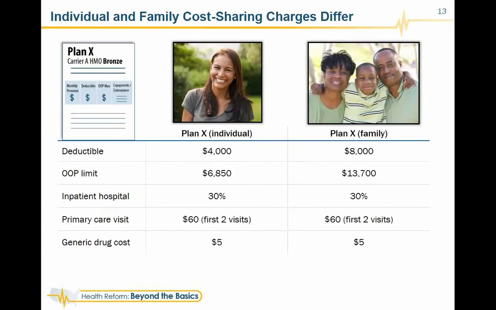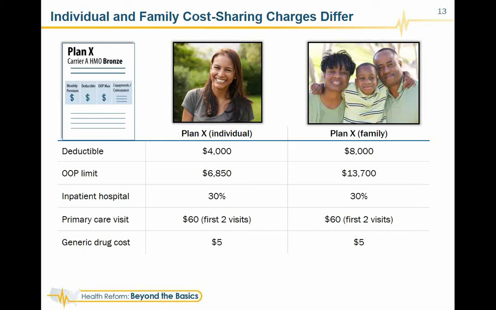And then something to also be aware of is that we've been focusing just up till now on the individual cost sharing amounts under a plan. It's worth noting that for a family, when more than one person is enrolled in a plan, the deductible and the out-of-pocket limit can be twice, or usually twice, what the individual amounts are.